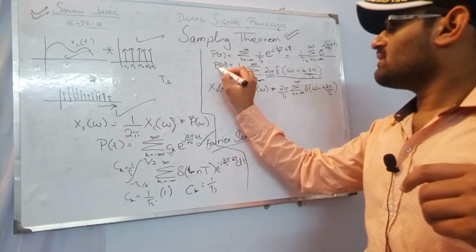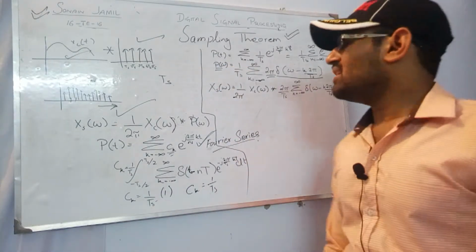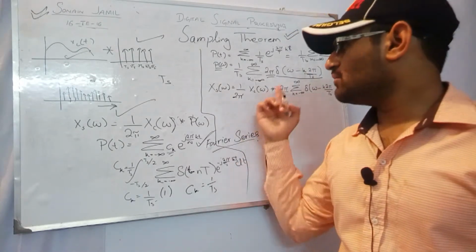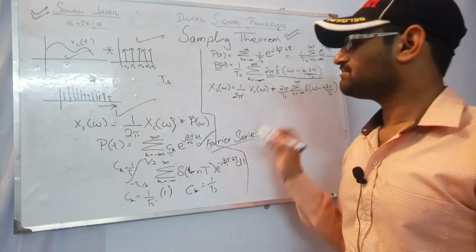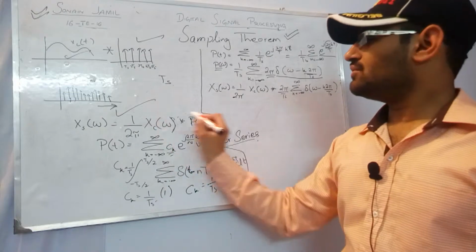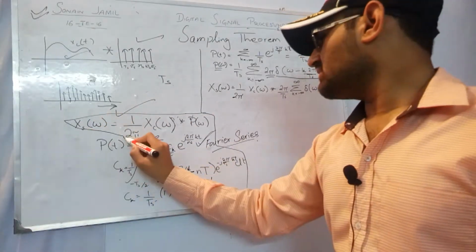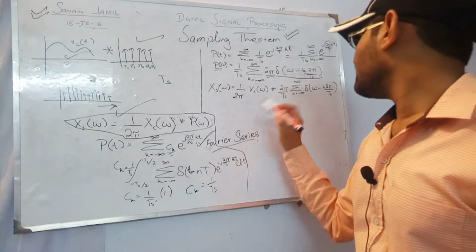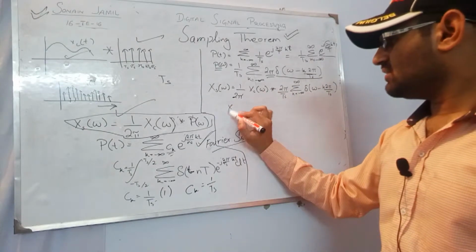So the pulse train in the frequency domain would be like this one. If we substitute these two values in this formula, we will get this.